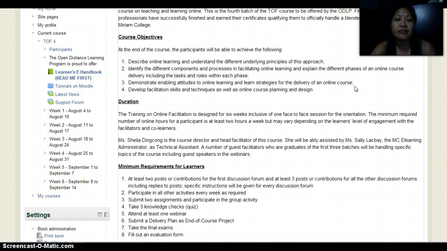Second, to identify the different components and processes in facilitating online learning and explain the different phases of online course delivery, including the tasks and roles within each phase. So this is acquainting ourselves with what we should expect in an online course, what should be the different parts and components of the course, and of course the phases: the initial phase, the second phase, the third phase, and so on and so forth.